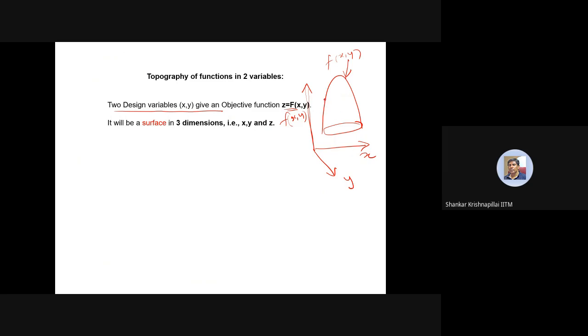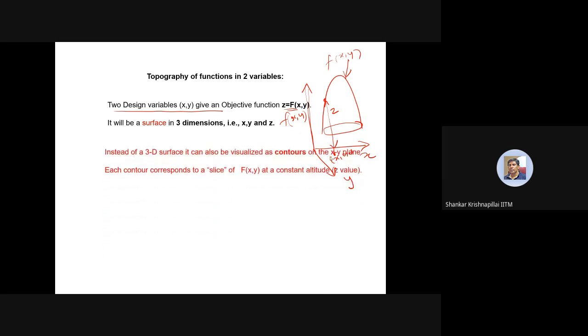So this particular value of f of x y at x1, y1 will be the altitude, or the z coordinate. So we get a 3D surface here. F of x y is a 3D surface.